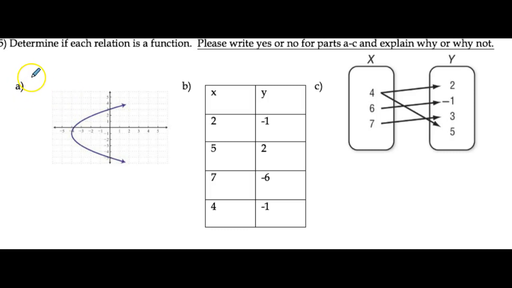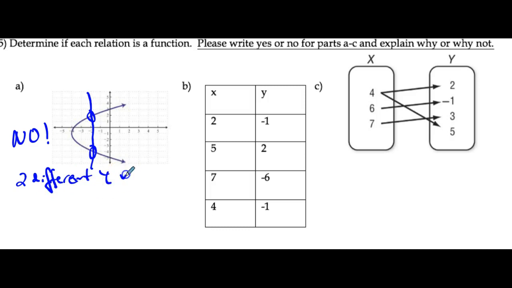So in this first one, in A, if we just use the vertical line test, draw a vertical line, well, we see it hits twice. And when it fails the vertical line test, that means it's no, and we have 2 different outputs, or different y values, for the same x value.